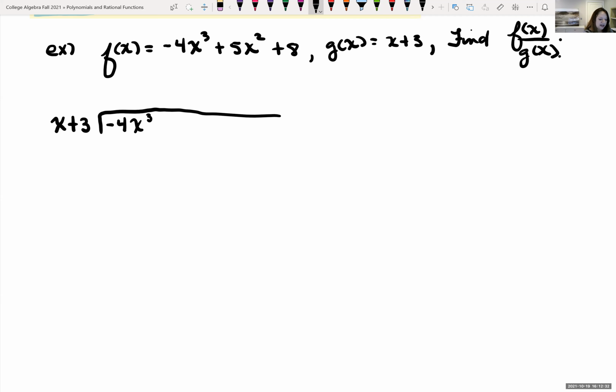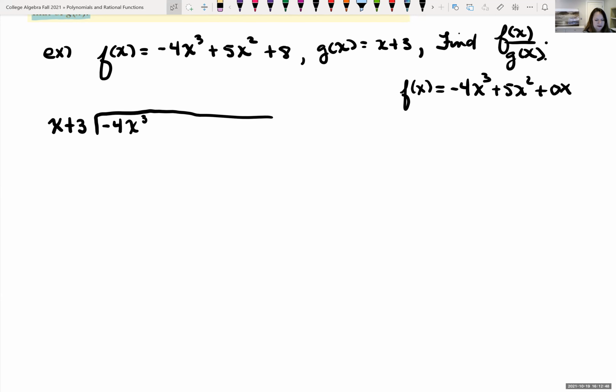So in that case, we can rewrite f of x as negative 4x cubed plus 5x squared plus 0x plus 8. This is just a placeholder, and it's helpful so that we're lining up like terms when we're doing this division.